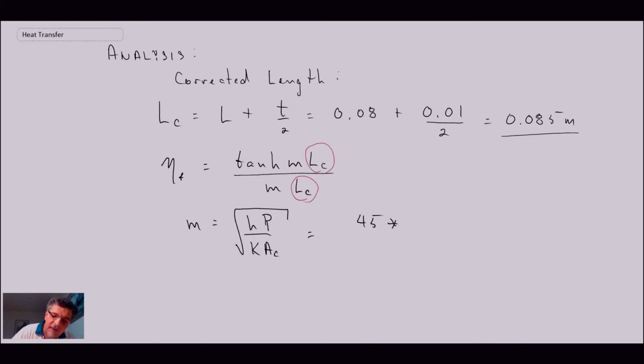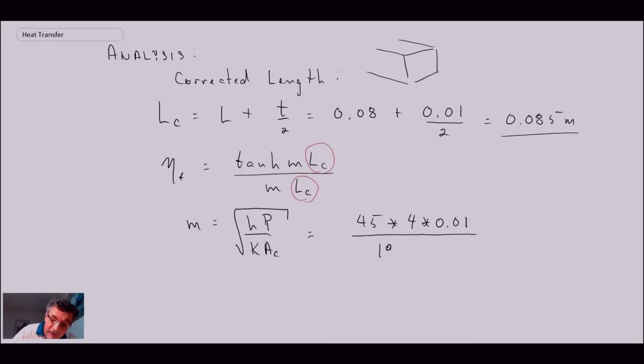Now P is the perimeter, and we're dealing with a fin with a square cross-section. So if we look at the cross-section of our fin, perimeter is just going to be 4 times the dimension of the fin, and it's a square cross-section, which we were told was 1 centimeter by 1 centimeter, so that's 0.01.